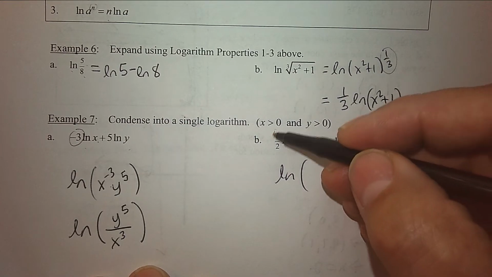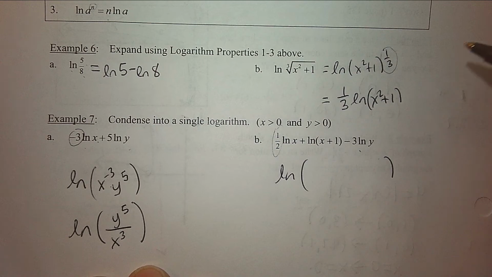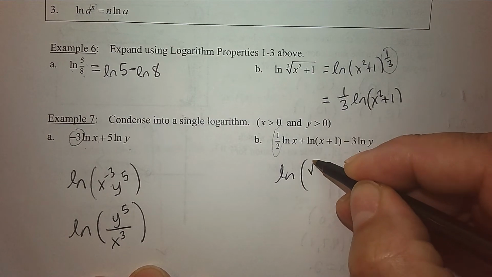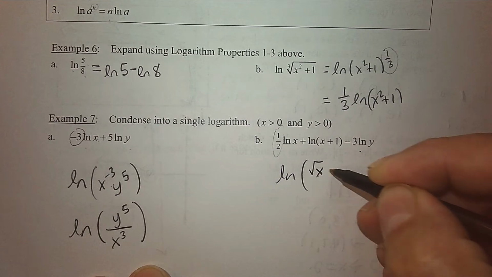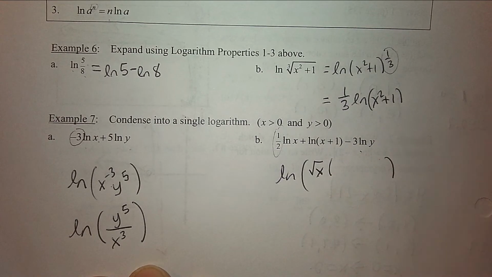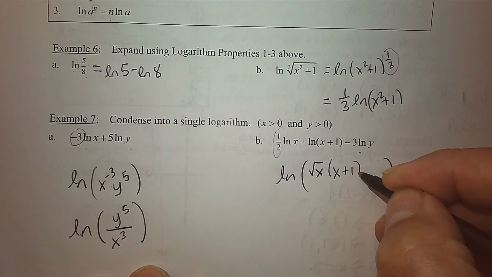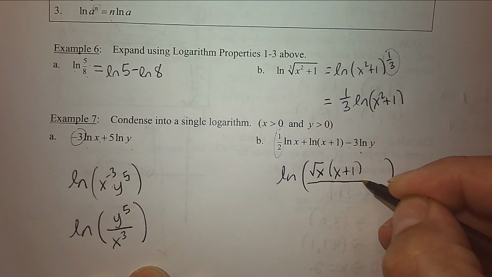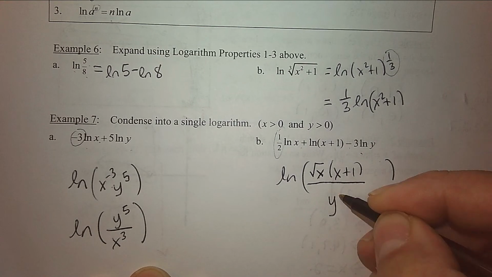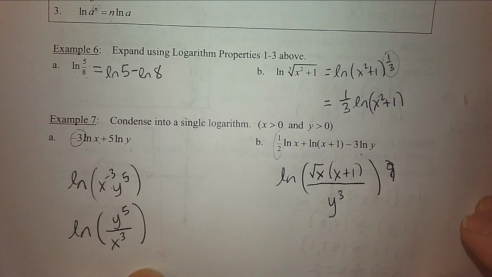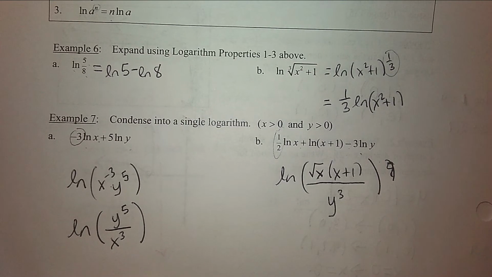What does this mean? So the exponent x to the 1/2 means the same as root x, right? Adding means we're going to multiply. Subtracting means we're going to divide. And what's the exponent on 3? And you did it. All right, turn the page.